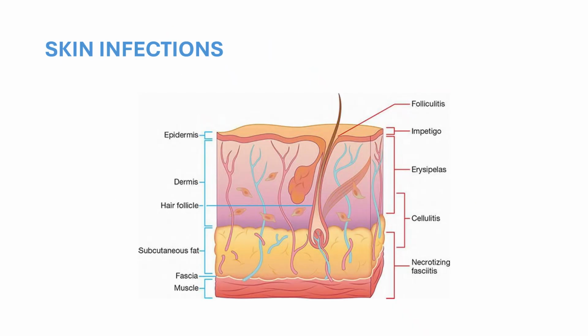So those were the scaly lesions we have discussed in the previous part, the vitiligo and depigmented lesions. We have discussed pityriasis versicolor and pityriasis rosea. So now we'll come to skin infections.